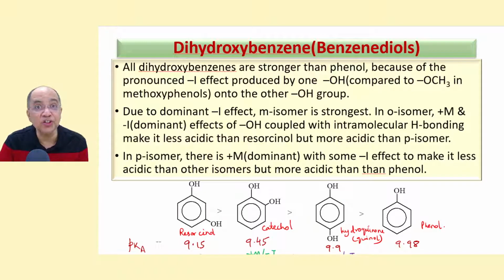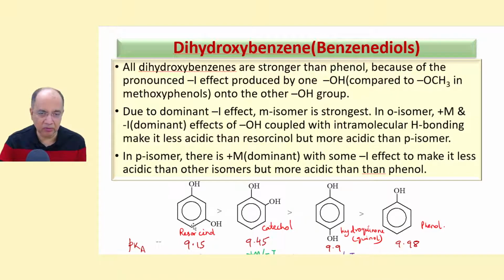The other OH will be producing a substituent effect. Unlike the alkoxy group, the OH group has a greater minus I effect. Therefore, metadihydroxybenzene is called resorcinol, orthodihydroxybenzene is called catechol, and para-dihydroxybenzene is called hydroquinone or quinol. All of them are stronger, and I have given you the reason.